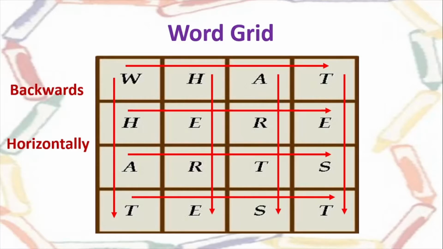So that way also you can read the letters, and sometimes you can also get clues. There are clues which are given, and you have to read the clues and search for the letters. So these are the different kinds of exercises that you can get as far as word grid is concerned.